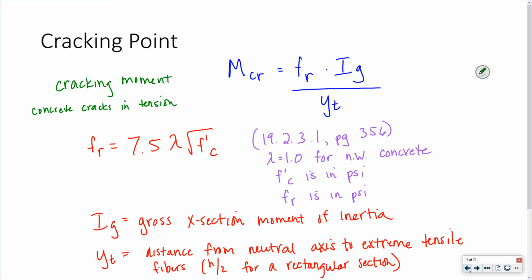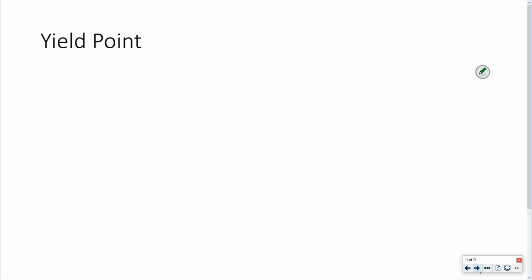So that was our moment associated with cracking of our beam. Now, since we have the tensile reinforcement to pick up the slack, our yield point is when the stress in our tension reinforcement yields.